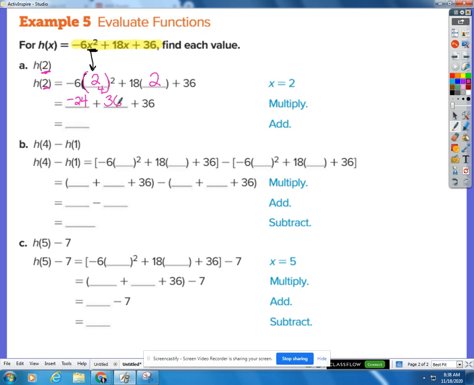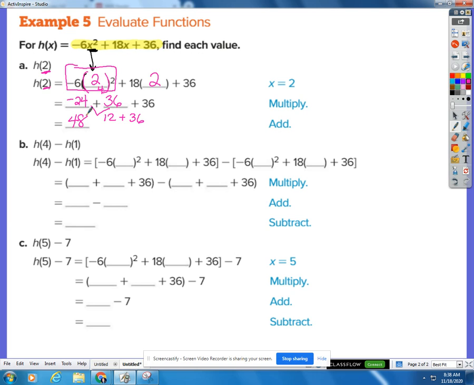Your book doesn't show the 2 steps here to simplify negative 6 times 2 squared. So we do the 2 squared and then multiply it by negative 6. Negative 24 plus 36 plus 36. So here we would subtract, and 12 added to 24 would be 36. So this would be 12 plus 36. So I get an answer of 48.